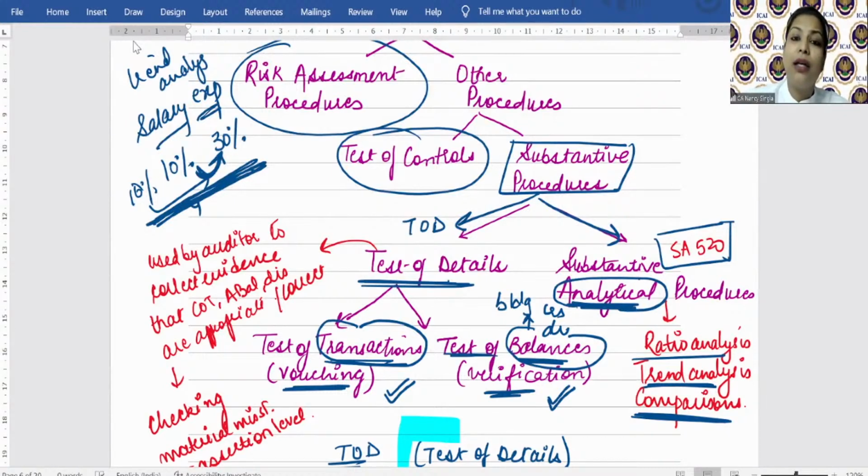Auditor may compare, let's say, the total expense of the company vis-a-vis the expense that have occurred in the last 4 years. Right? So what is this? Auditor is performing substantive analytical procedures, and as I've told you, in detail we will be doing SA 520 in chapter number 8 in detail. Okay?